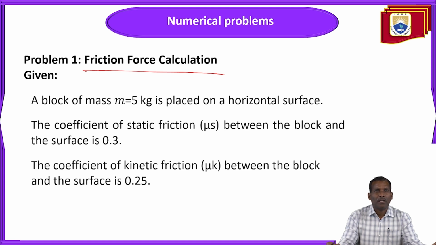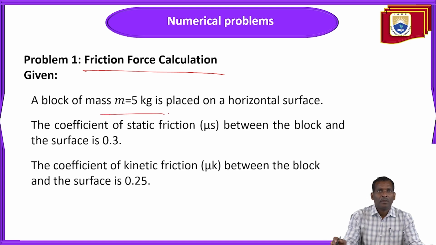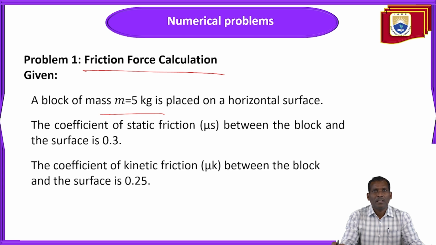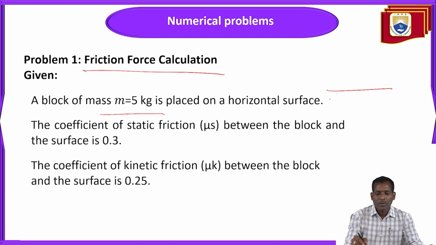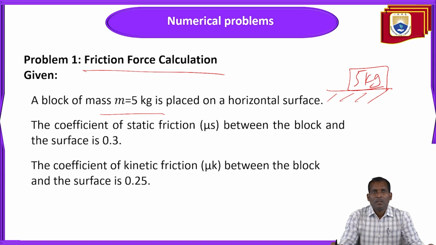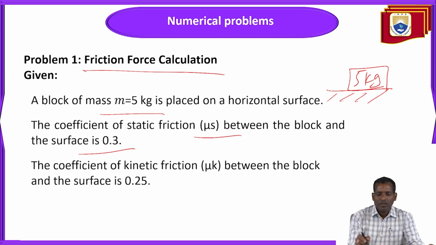A block of mass m, 5 kg, is placed on a horizontal surface, like this. The coefficient of static friction between the block and the surface is 0.3.